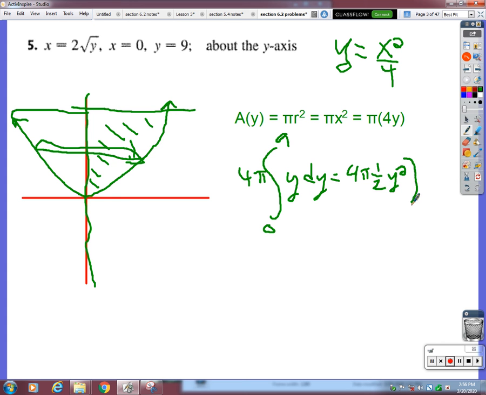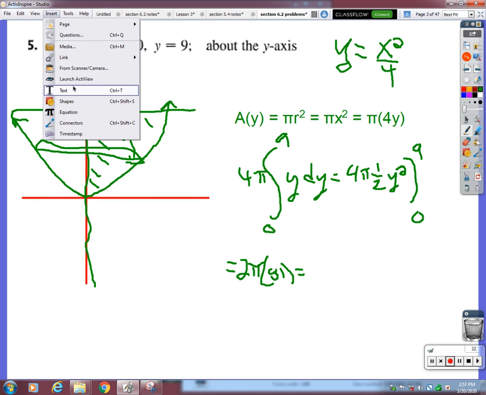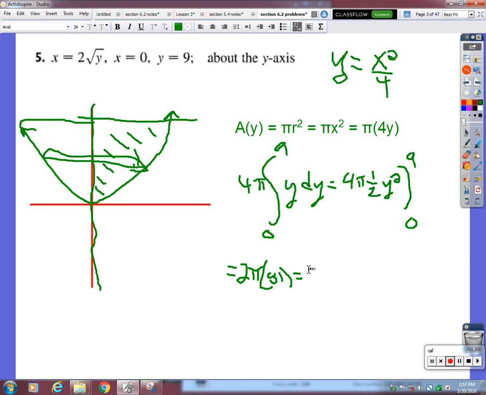And again, I'm going from 0 to 9. So 4 pi times 1 half is 2 pi. And then when I plug in 9, that's 81. And then that equals 162 pi. Okay? So that's how number 5 looks.